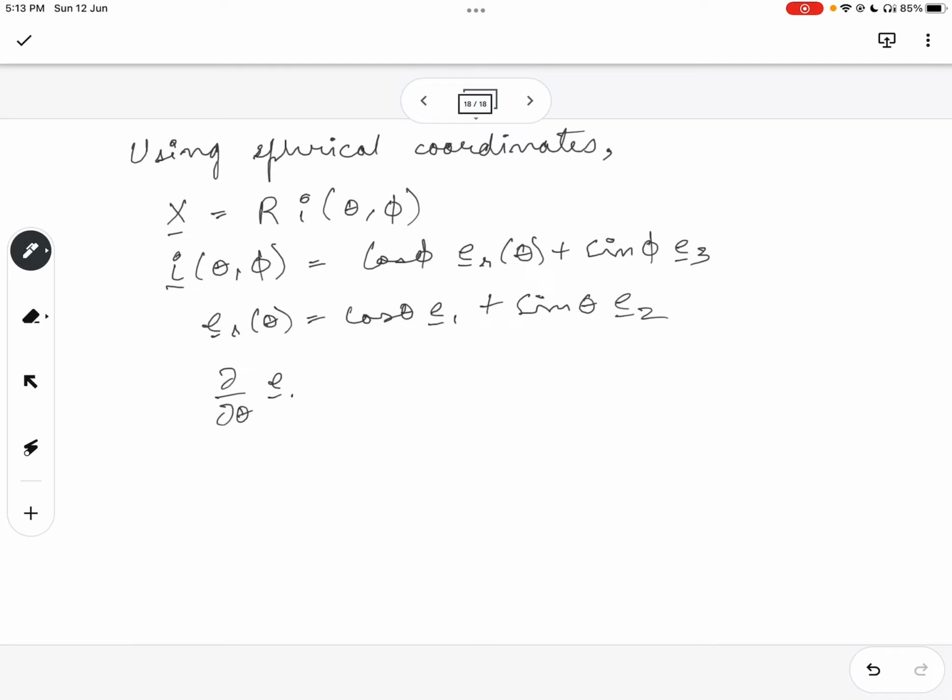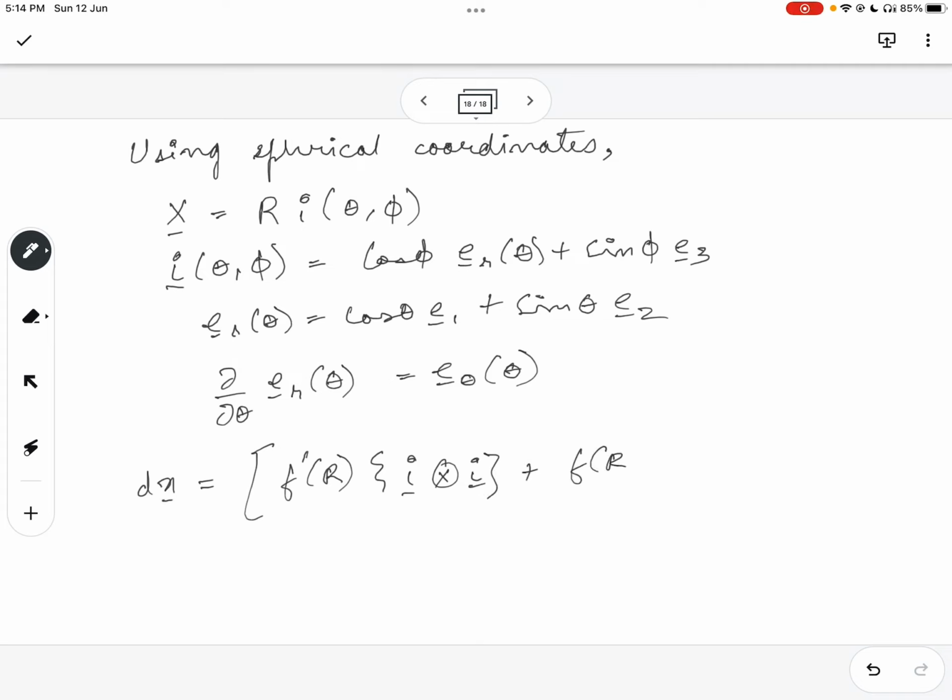Del by del theta of e_r theta is e theta. So it can be easily seen that dx can be written in terms of capital dX as f dash r, using our usual manipulation, e_r dyadic e_r plus f(r) by r e theta dyadic e theta plus e phi dyadic e phi.